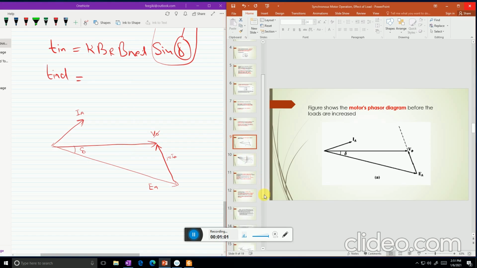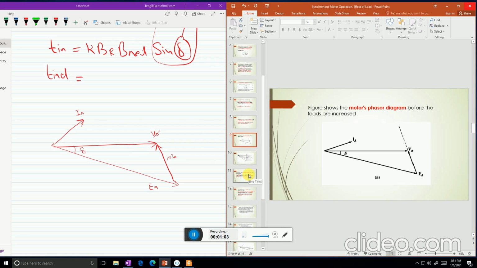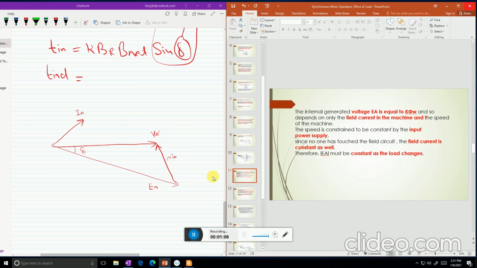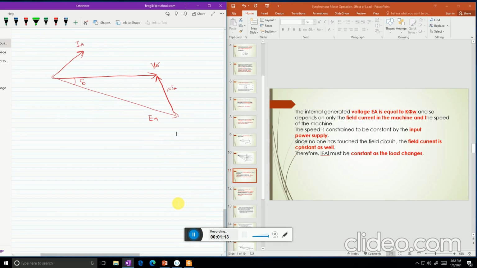So when load on the motor increases, what happens? The internal generated voltage EA, as we know, EA is equal to K phi omega, and this phi depends upon field current, and this is the rotor speed. When load increases, speed will not change.